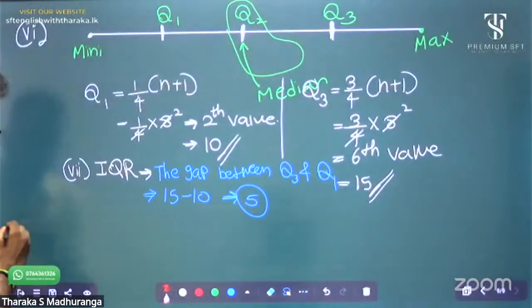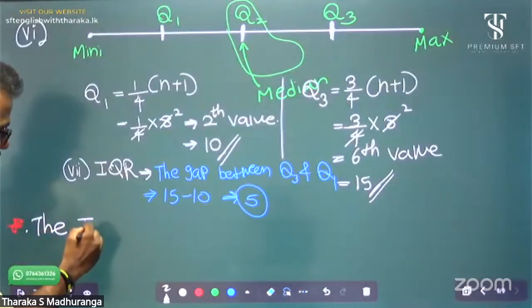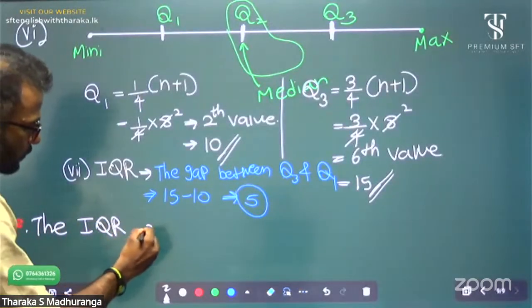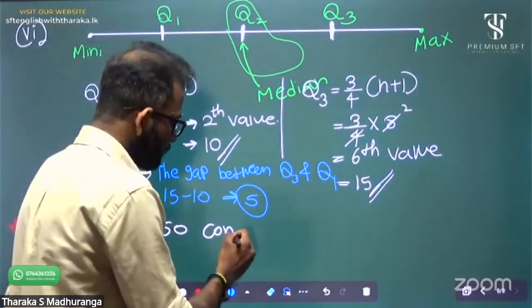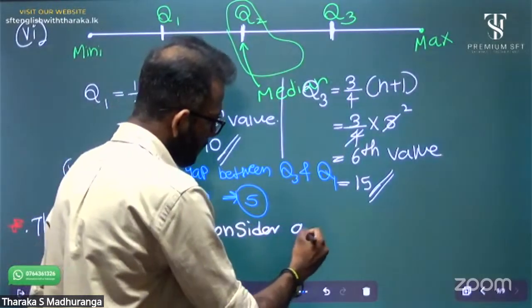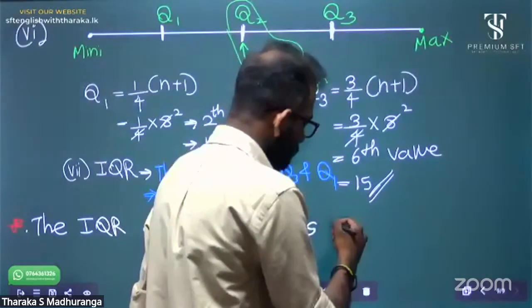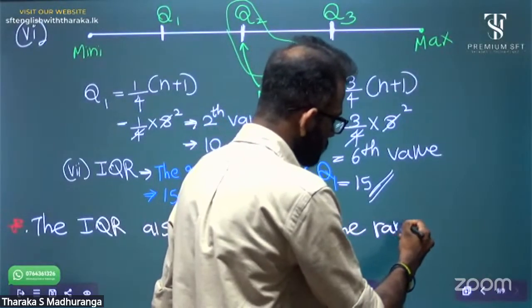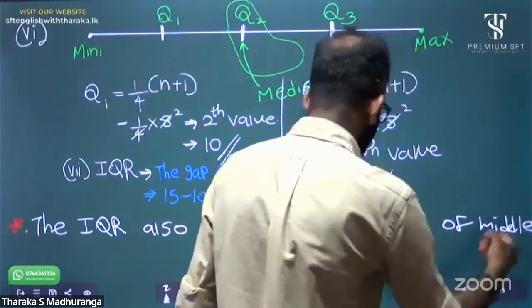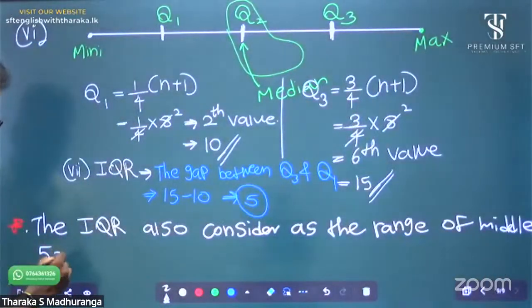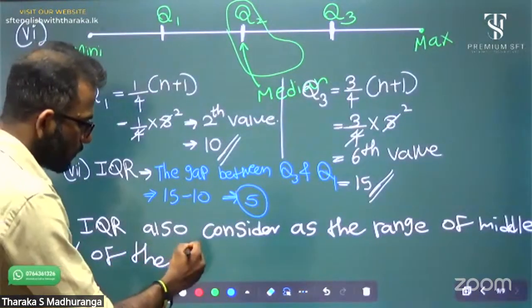The interquartile range is also considered as the range of the middle 50% of the distribution.